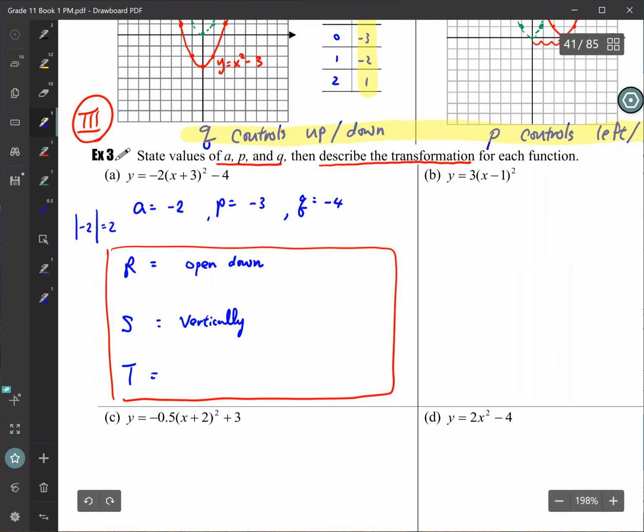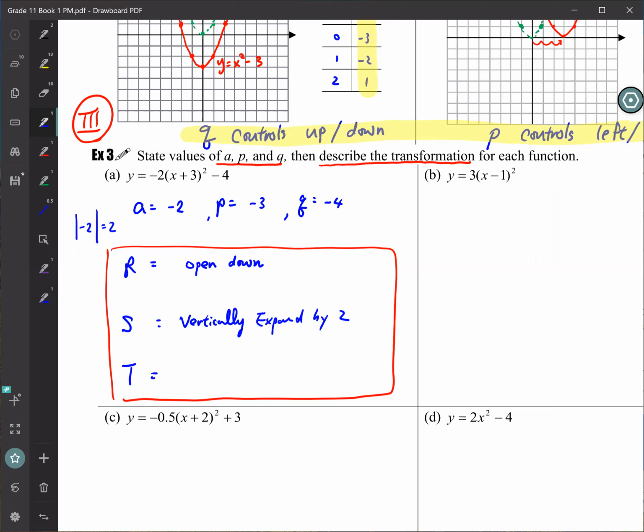Is that bigger than 1 or less than 1? Bigger than 1. Then what do you say? Expand. So vertically expand by 2. Okay.